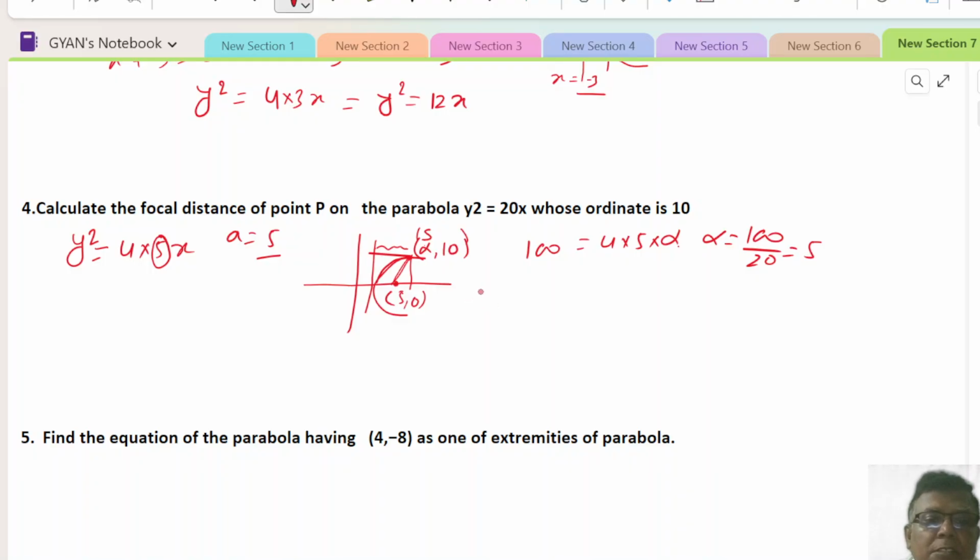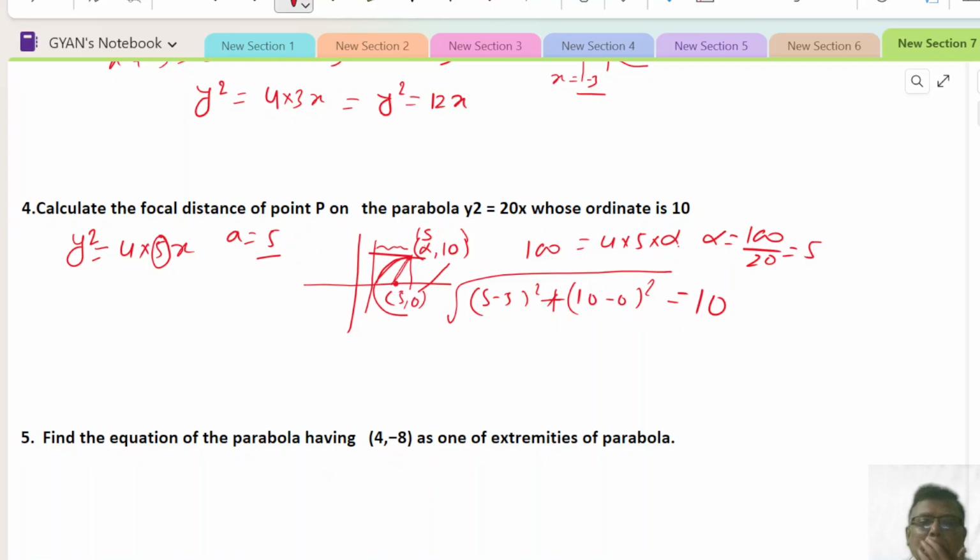Then focal distance is 5 minus 5 whole square plus 10 minus 0 the whole square under root. So that is equal to 10. So 10 is the answer. So this is extremity of latus rectum itself. This point actually belongs to here because x is 5 and the focus is also 5.